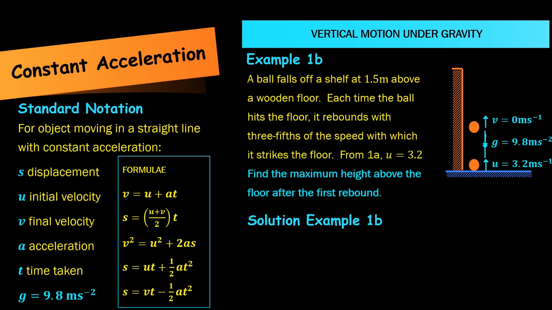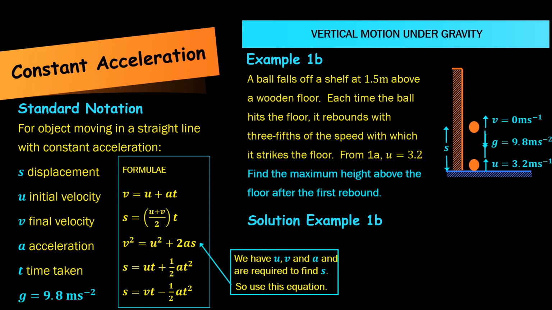And we have that the final velocity, v, is equal to 0 meters per second. And we would like to find the maximum height, s. So we have u, v and a, and are required to find s.